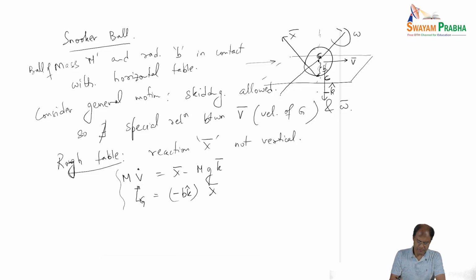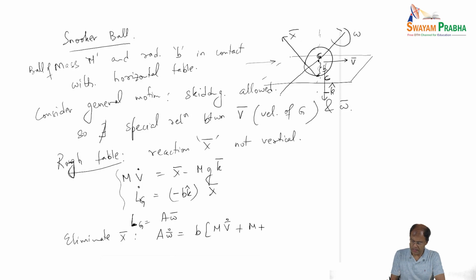So the force is the one which is creating this rotational motion, this reaction force. Okay, so then what we have is I_G omega dot is A omega dot, and now we eliminate x. So A omega dot is B times m v dot plus mgk, right?